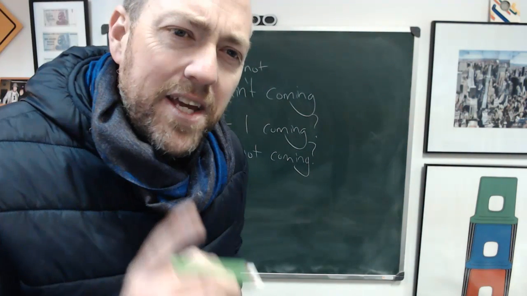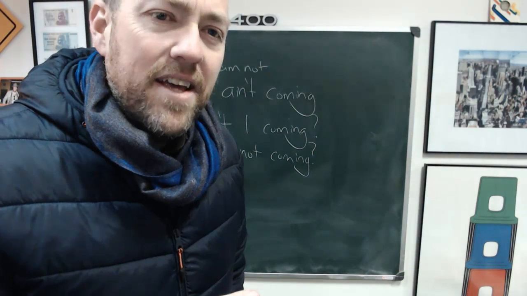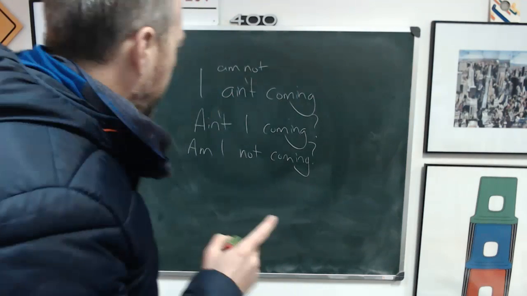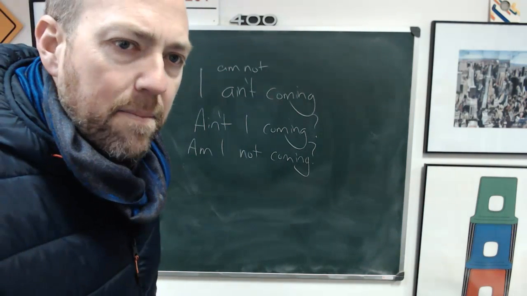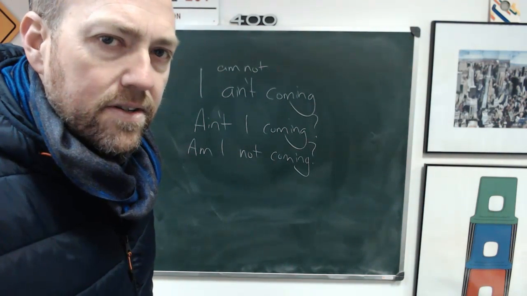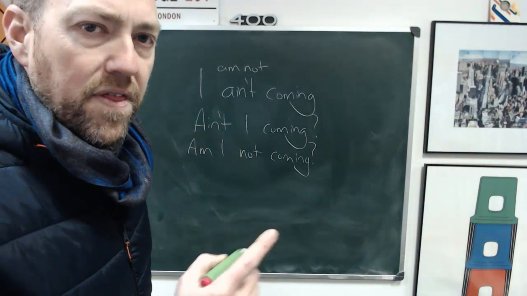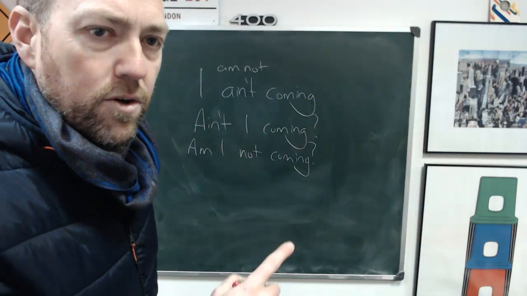Am I not? Very interesting is that there is no contraction for am I not. But there is a contraction for everything else in English with the verb to be.